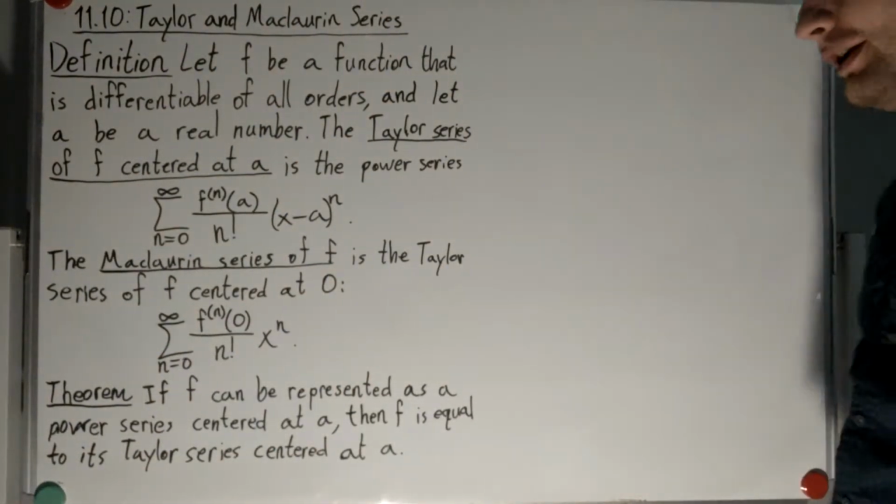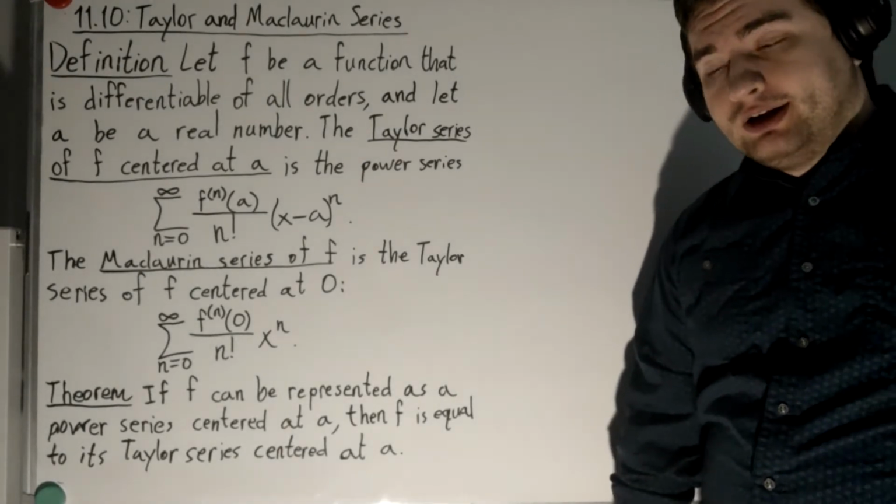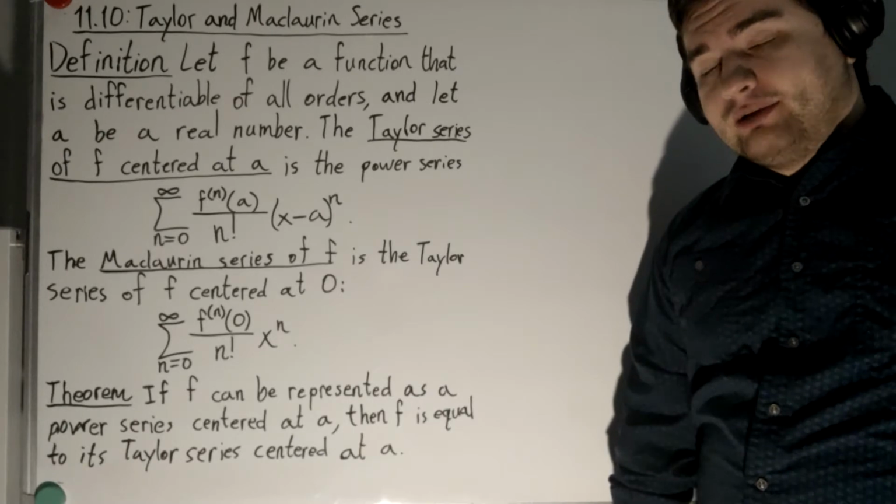Okay. So if f can be represented as a power series about a, then it's always just going to be the Taylor series.